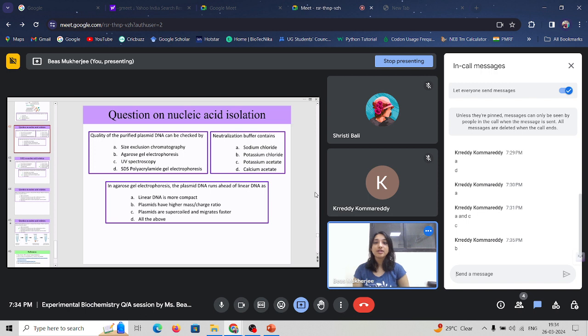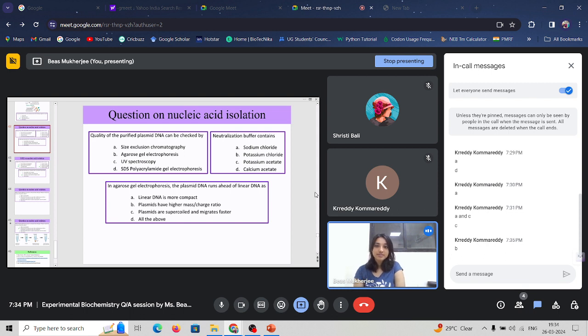Then you have neutralization buffer. Neutralization buffer should definitely have, you know what it is, potassium acetate. Then, in agarose gel electrophoresis, the plasmid DNA runs ahead of linear DNA because linear DNA is more compact.